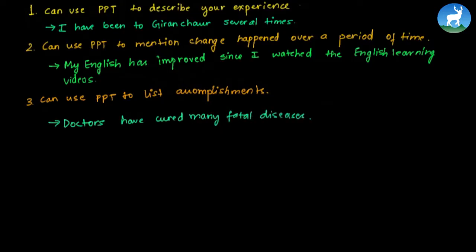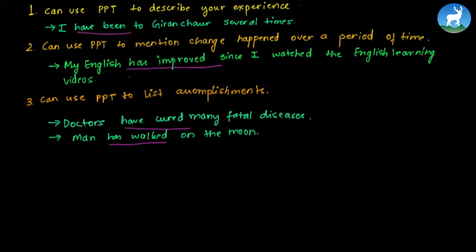So this is an accomplishment, that doctors have cured so many fatal diseases by now. Another individual accomplishment could be: man has walked on the moon. These sentence structures show the use of the present perfect tense: has walked, have cured, has improved, have been. These are the present perfect tense.